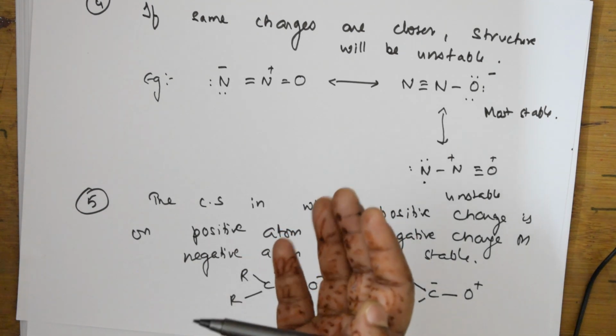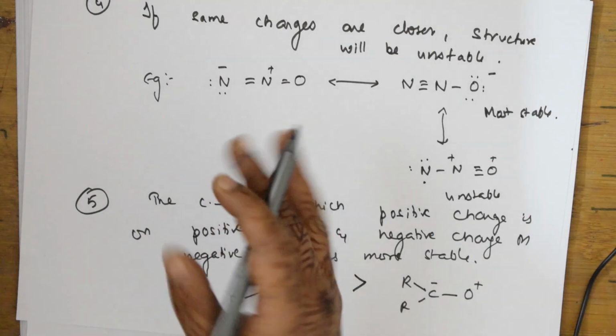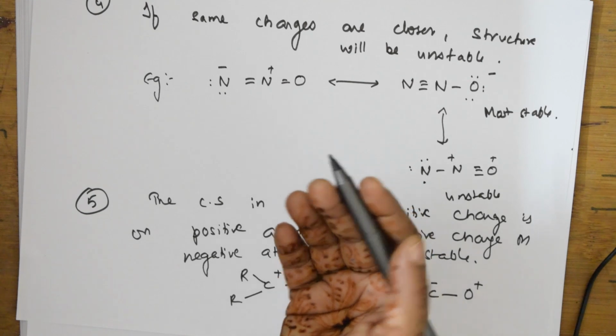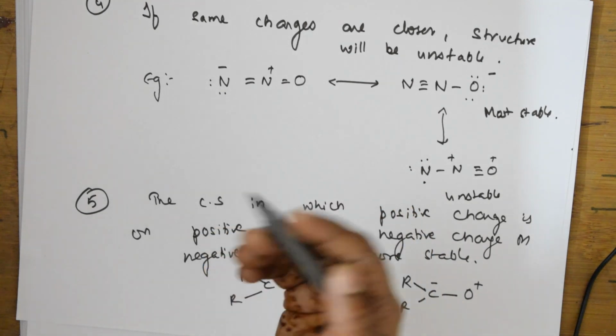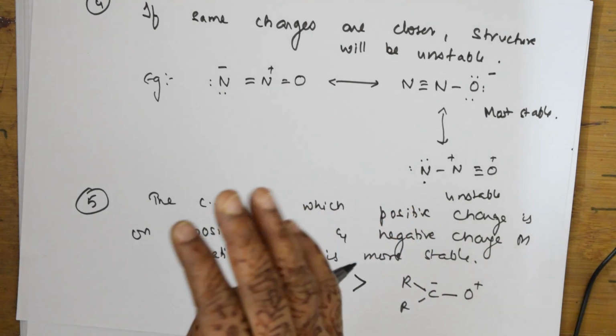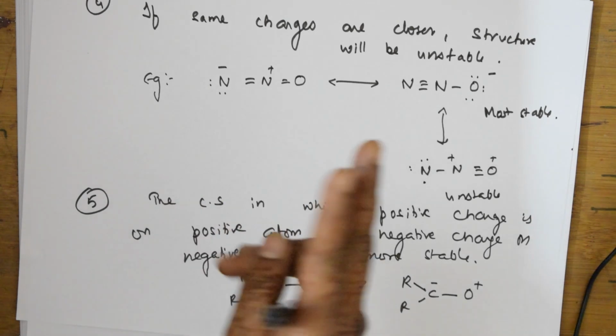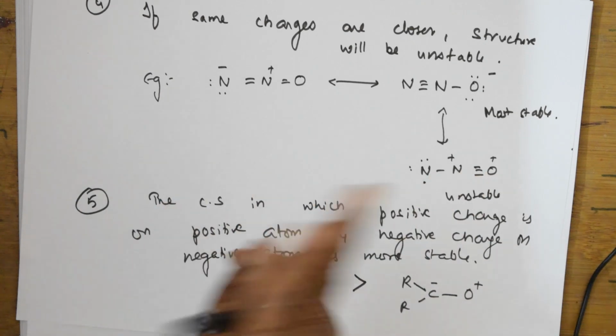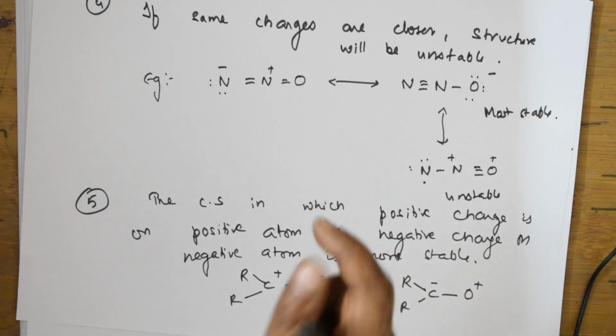Next important criteria, if it has octet configuration or 8 electrons present in the structure, then the canonical structure is more stable. Next thing, if the same charges are present, plus and plus, closer to each other, then it is unstable. Charge separation should be there. Then only it is stable in nature.